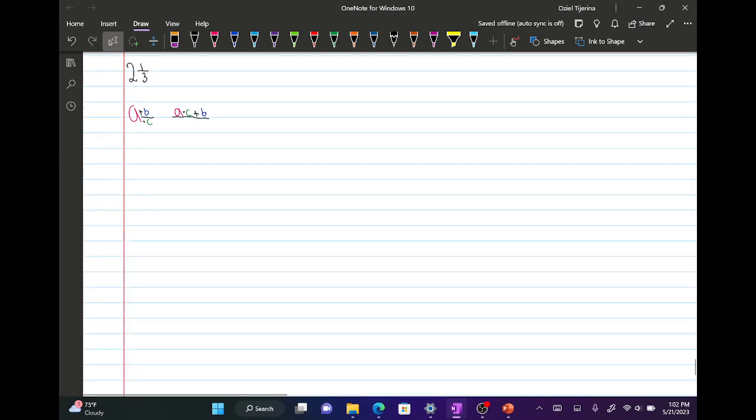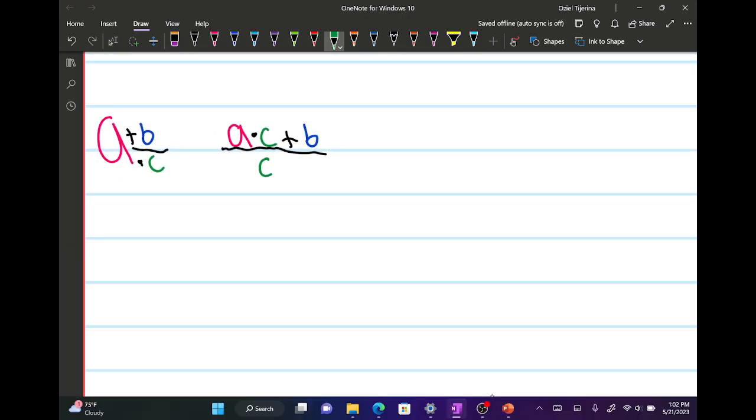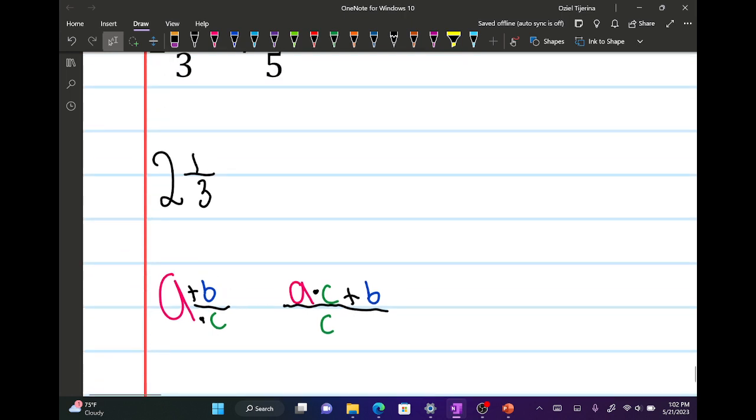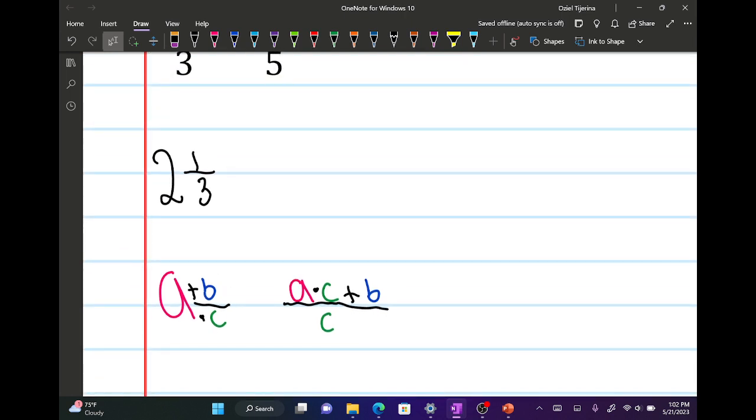We're going to do that exact same process. When I have 2 and 1/3, I multiply these and then add. So it's 2 times 3 plus 1, all over 3.